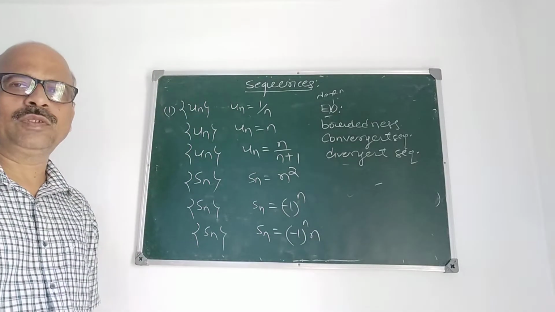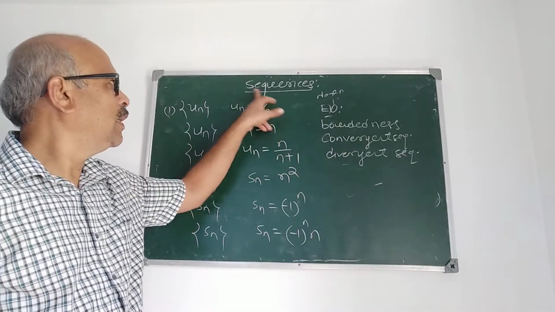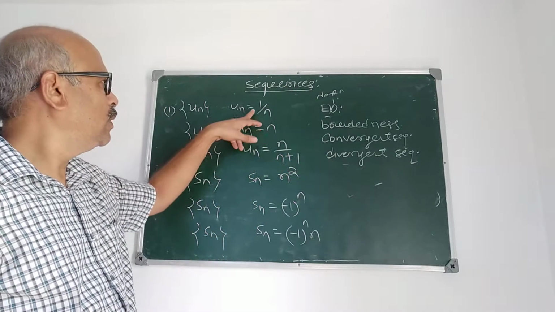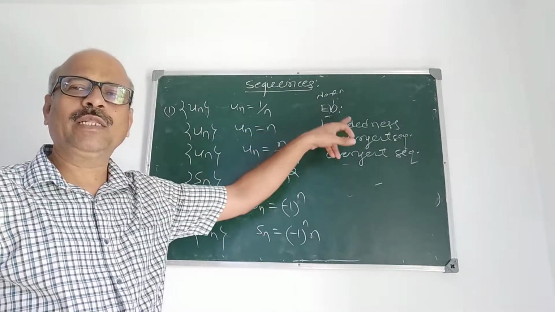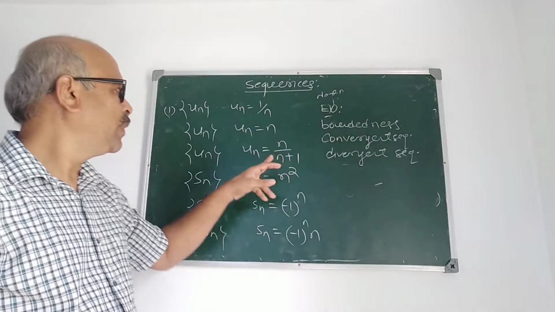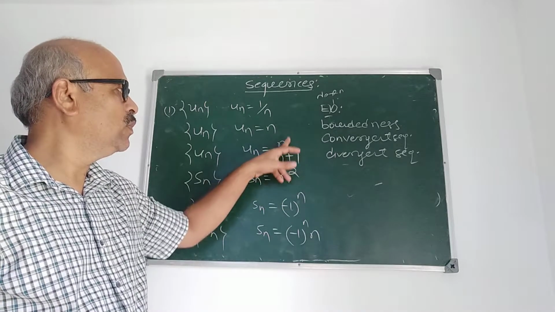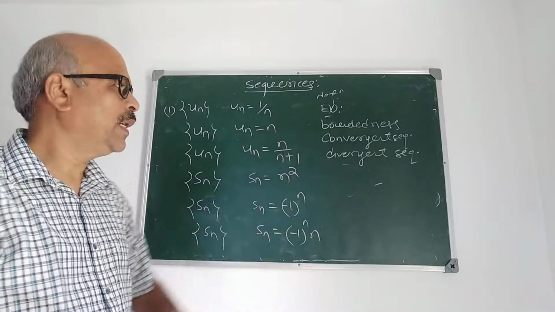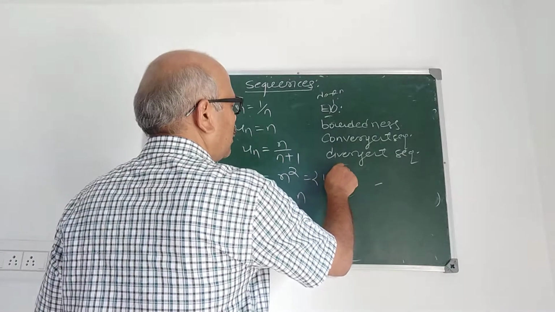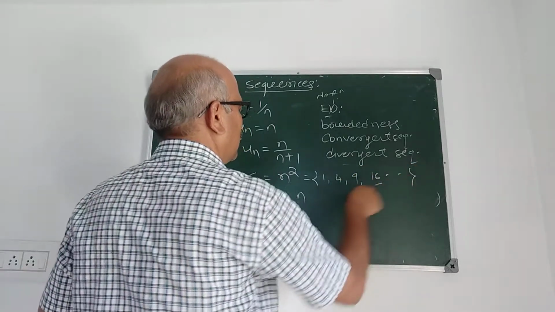These are some examples. Now what are the terms of the sequence here? Always, a sequence means we consider only infinite sequences. 1 upon n means 1, 1 by 2, 1 by 3, 1 by 4 and so on. n means 1, 2, 3, 4 and so on. n by n plus 1 means if you take n is 1, you will get 1 by 2, 2 by 3, 3 by 4 and so on. n square: 1, 4, 9, 16 and so on.